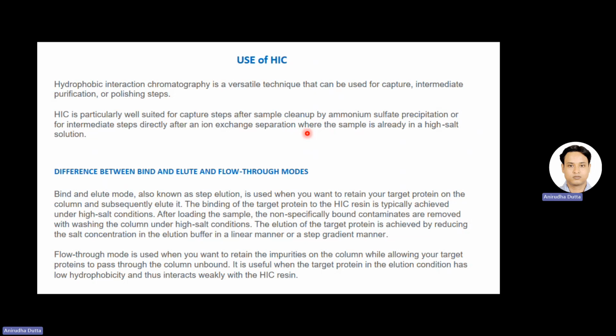In hydrophobic interaction chromatography, we reduce the salt to elute the protein. In ion exchange, we increase salt and then elute the protein. So after ion exchange chromatography, the protein is already in high salt, and we can use that eluted protein for hydrophobic interaction chromatography.